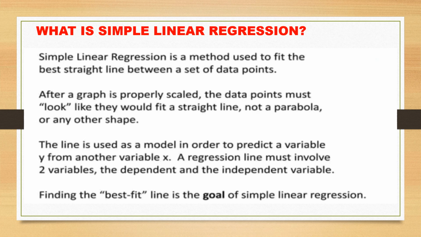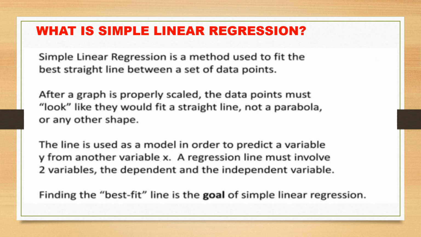So, what is simple linear regression? It is a method which we use to fit the best straight line between a set of data points. In a graph, the properly scaled data points must look like they would fit a straight line, not a parabola or any other shape.